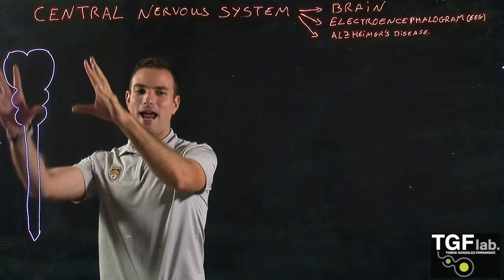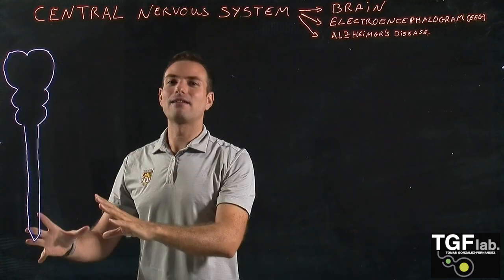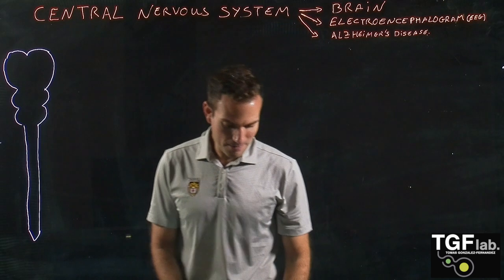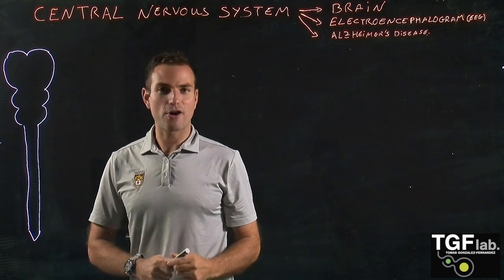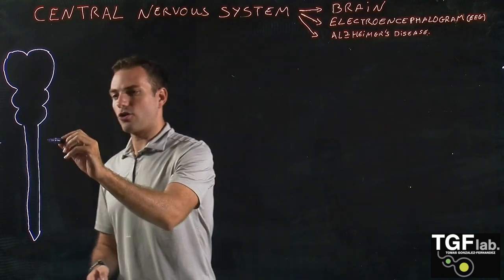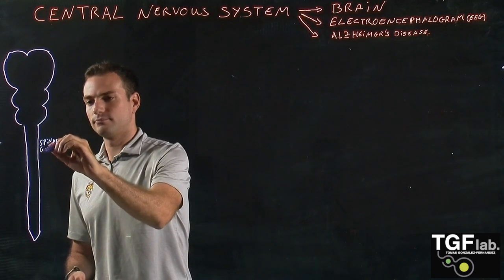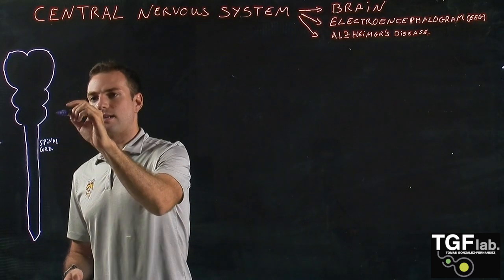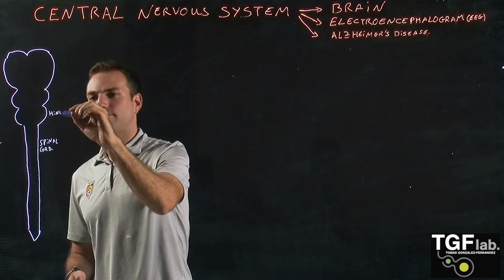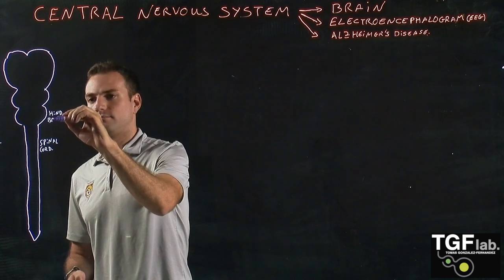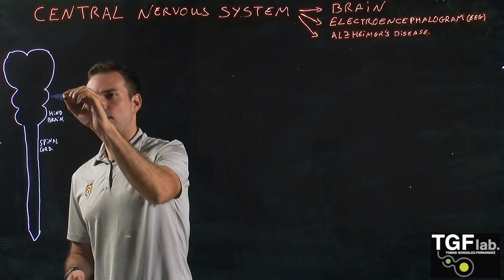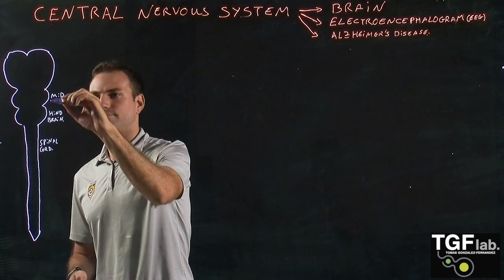So first, I wanted to have here a little schematic of the central nervous system. So we are going to have different parts. Here we're going to have the spinal cord. Then we are going to have the hindbrain. Then we have the midbrain.